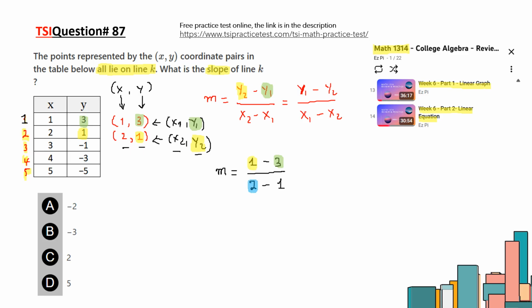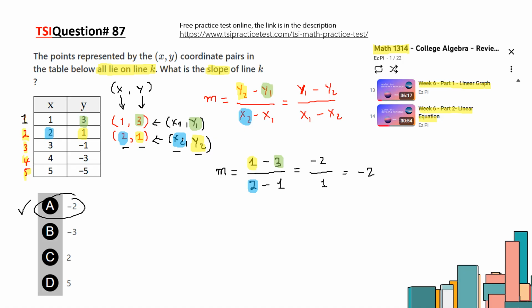The x2 is right here, and the leftover is x1. Alright? So when I do it like that, I will have 1 minus 3, which is negative 2. 2 minus 1 is 1. Negative 2 divided by 1 is negative 2. So the correct answer is A.